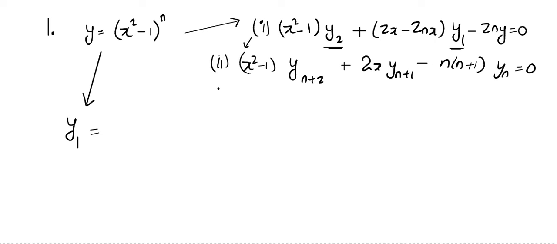This is in the form something to the power n. So y1 will be n into (x square minus 1) the whole power n minus 1 times 2x. I told you we have three enemies.